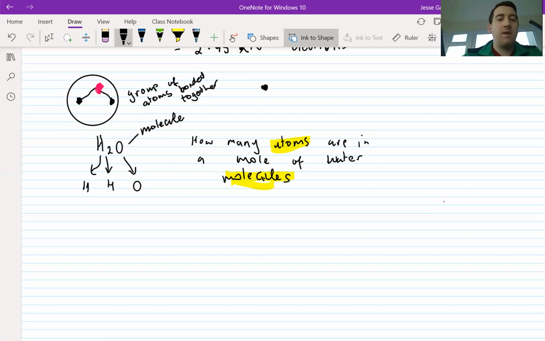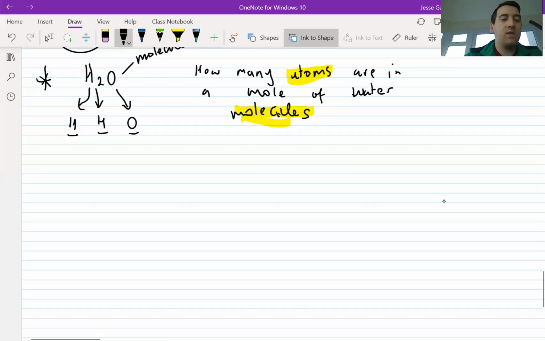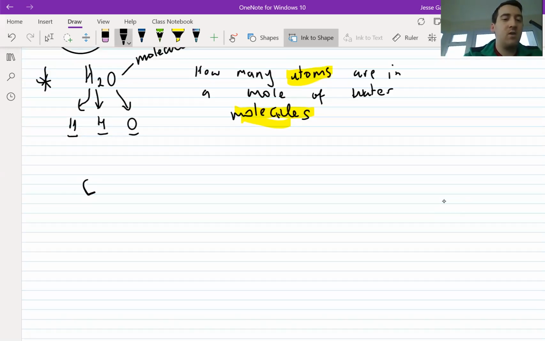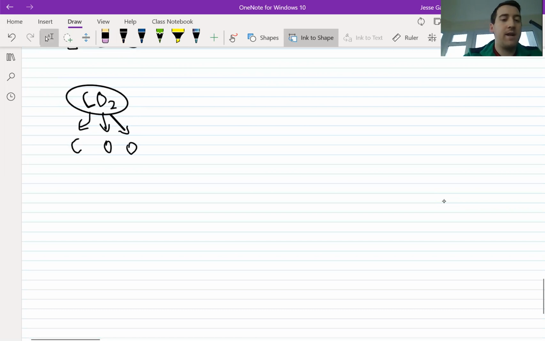So first of all, how many atoms are there in a mole of water molecules? Well, first of all, we look at the molecule and we find out that each water molecule has 1, 2, 3 atoms in. This is like we learned how to do last week. What if we did, say, carbon dioxide, CO2? Well, this is one carbon atom and 1, 2 oxygen atoms. So a carbon dioxide molecule is made of 3 atoms. What about this one here? You do this one for me again.